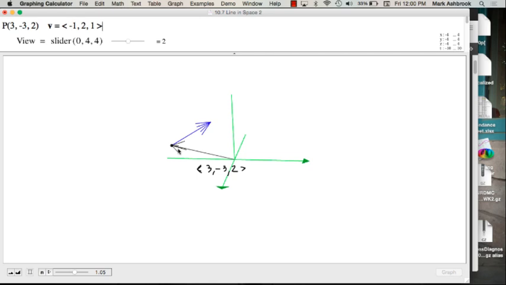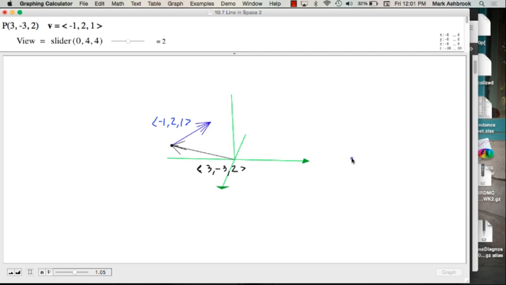And that just generated a new point on the line. Do you see what point? This is the vector -1, 2, 1. I just got a second point on my line. What is the second point on the line? 2, -1, 3, right?